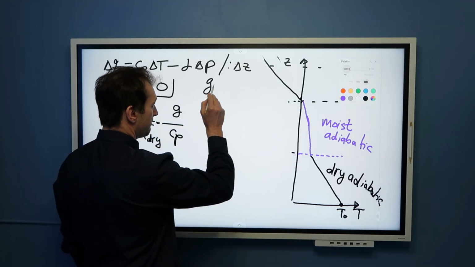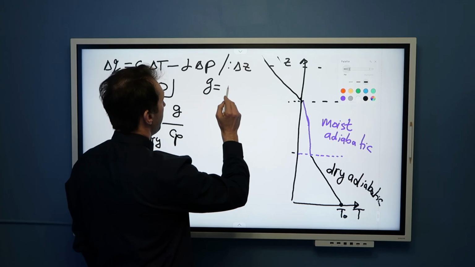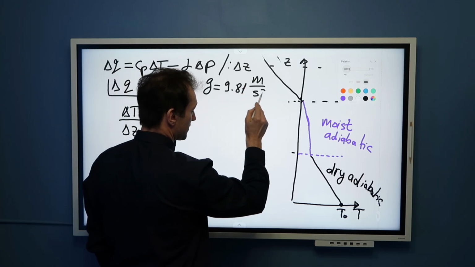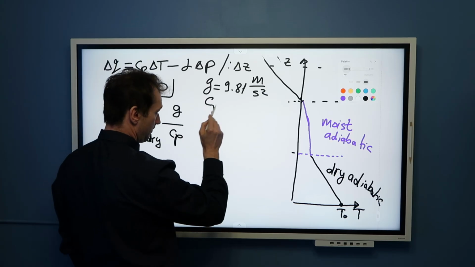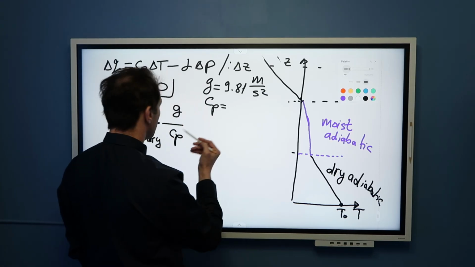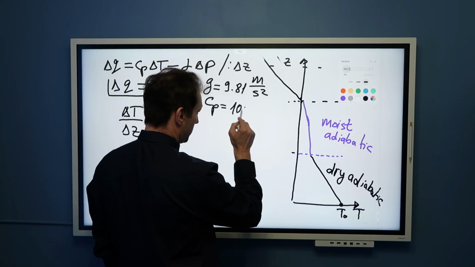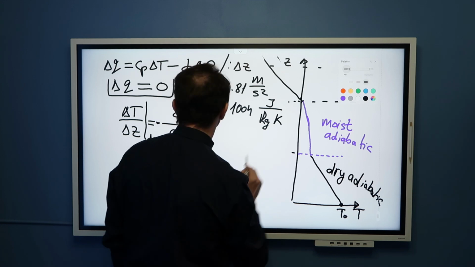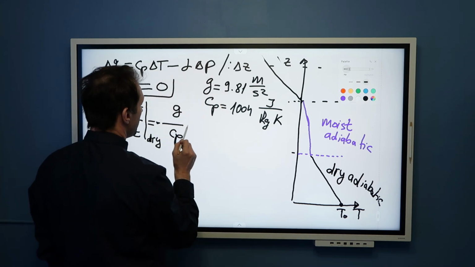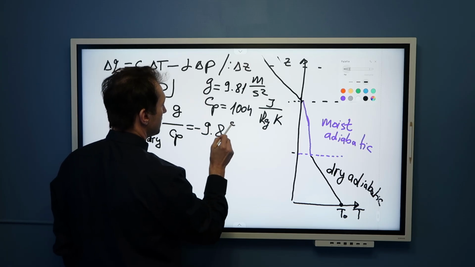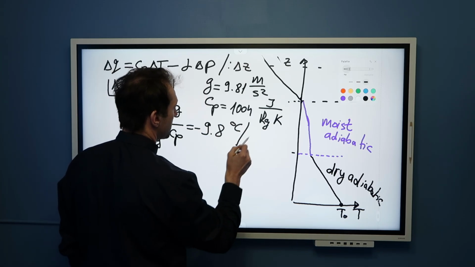G is gravitational acceleration, 9.81 meters per second squared. Cp is specific heat at constant pressure of dry air, about 1004 joules per kilogram per Kelvin. So this numerical value is minus 9.8 degrees Celsius or Kelvins per kilometer.